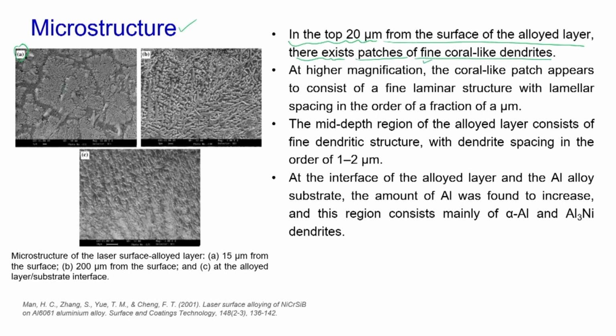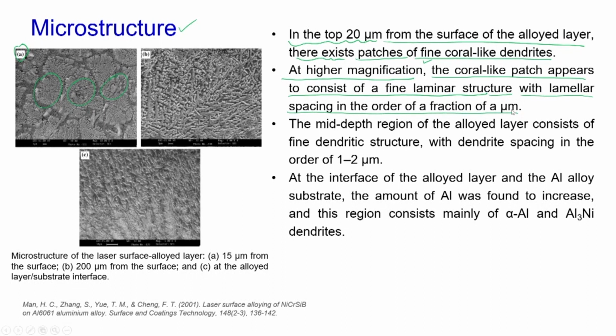So, all these are the fine coral like dendrites at the top surface. At higher magnification, the coral like patch appears to consist of a fine laminar structure with lamellar spacing in the order of a fraction of a micron.